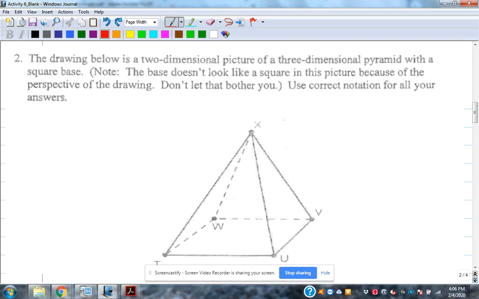And the description says it's a two-dimensional picture of a three-dimensional pyramid with a square base. Note the base does not look like a square because we're kind of looking at it at an angle in this picture, but don't let that bother you. Sometimes it can kind of bother us a little bit. Three-dimensional drawings are difficult to do in 2D.